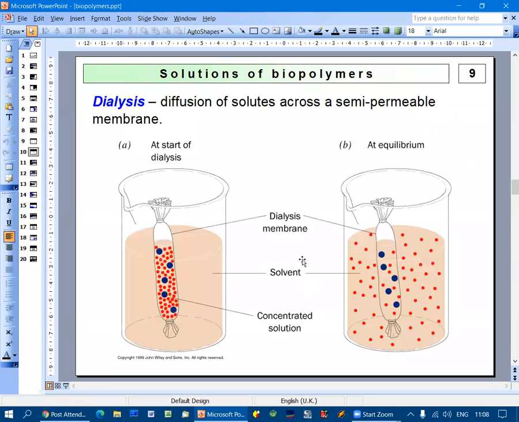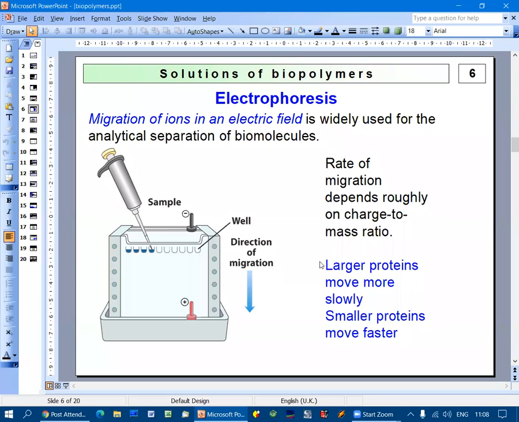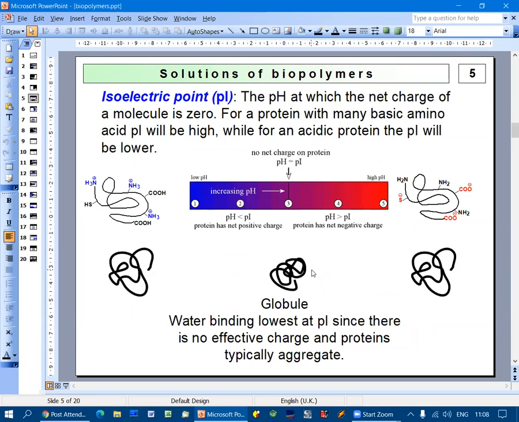The shape of a molecule of a protein in its isoelectric state is tightly packed, and the total charge is zero. Of course, the amount of water that can be absorbed by a globule will be much lower than the amount of water that can be absorbed at pH more or less than isoelectric point.